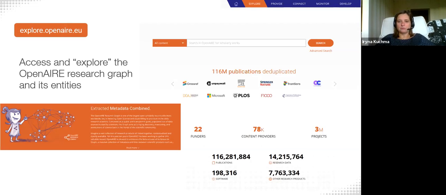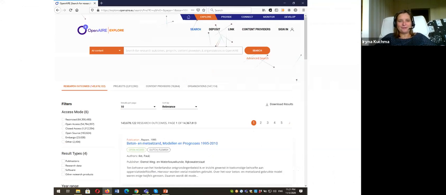Content comes from those 78,000 content providers we collaborate with, and they are repositories of publications and data. They are also journals, open access journals or subscription-based journals. For funding information, we get this information from the funders. We also have information about researchers, and we use ORCID for that. This is one of the largest discovery portals that exist so far.